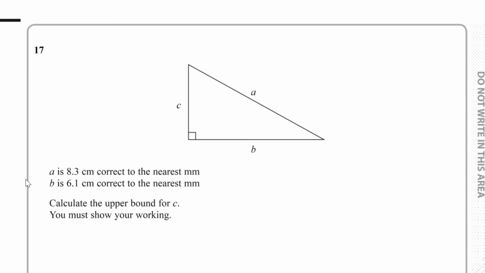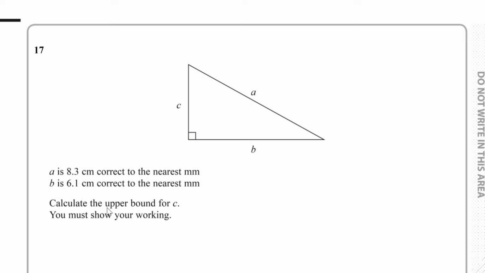Question 17. We've got a right angle triangle here. We've got A, C and B as the lengths. A is 8.3 centimeters, correct to the nearest millimeter. And B is 6.1 centimeters, correct to the nearest millimeter.